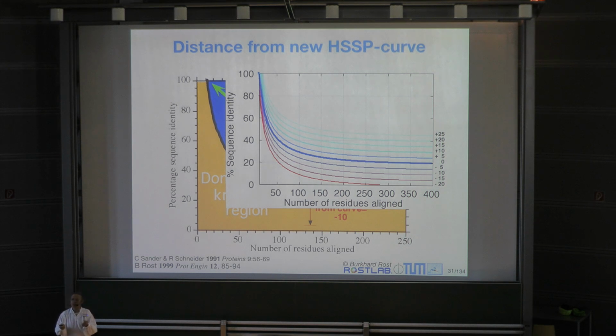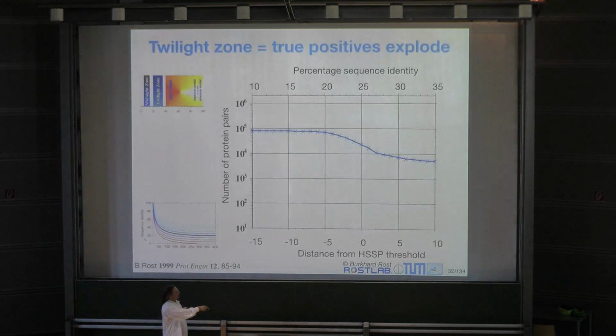So plus 0 means this curve, plus means more similar than the separation line, okay? So that means that here, plus 5, plus 10, 0 is the curve, minus 5, 10, 5 below the curve, 10 percentage points below the curve, 15 percentage points below the curve.